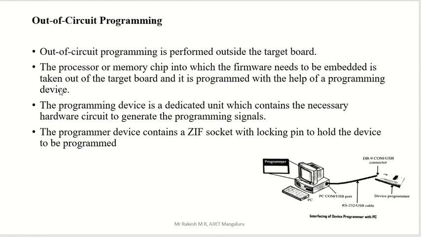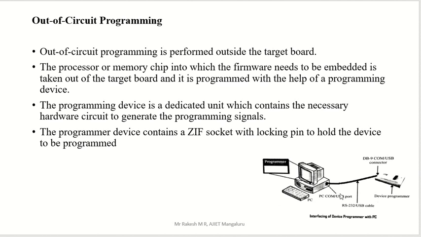We are taking the part of the embedded device that needs to be programmed, the main software part, removed from the embedded device, and we are going to take the help of one programming device to load the program stored in your computer into that module, that processor or memory chip.